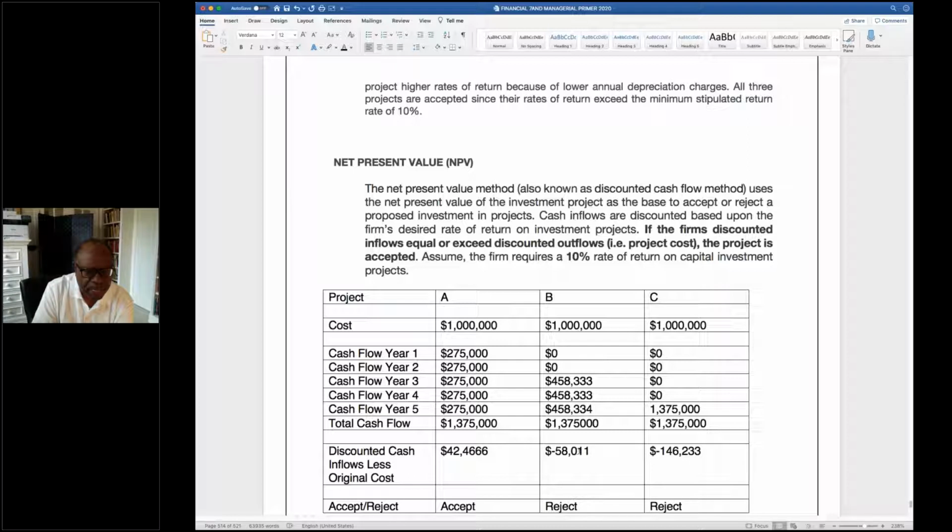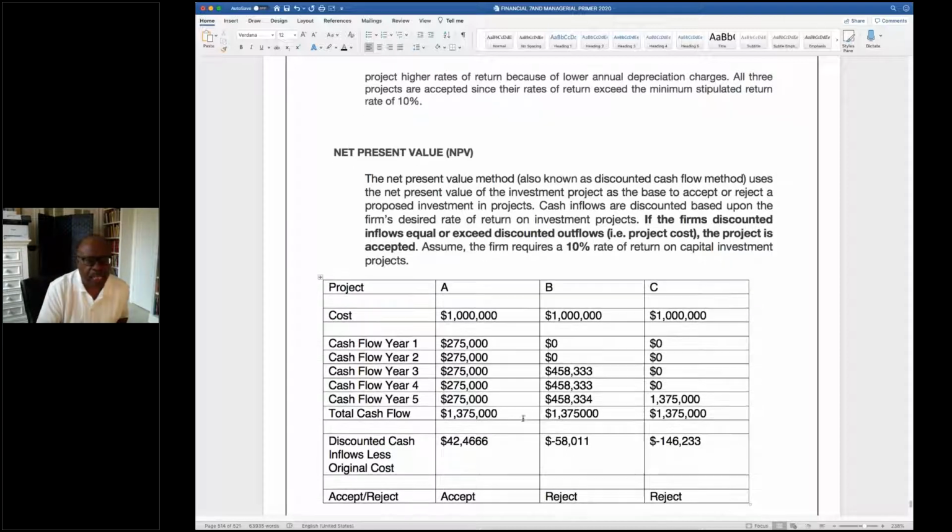But projects B and C generate a negative amount of money, so we reject them, because if our rate of return is 10% and we could get 10% on another type of investment, then we would reject these because their net present values are negative.